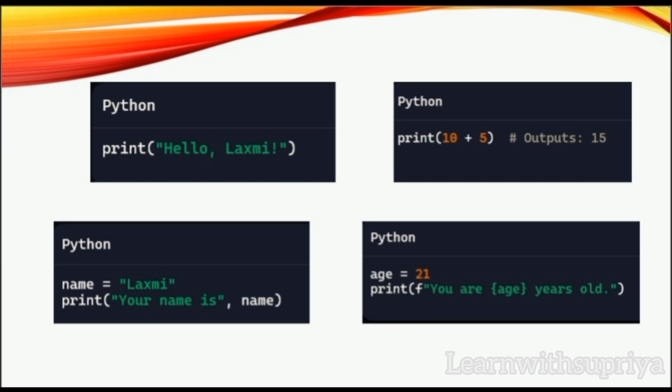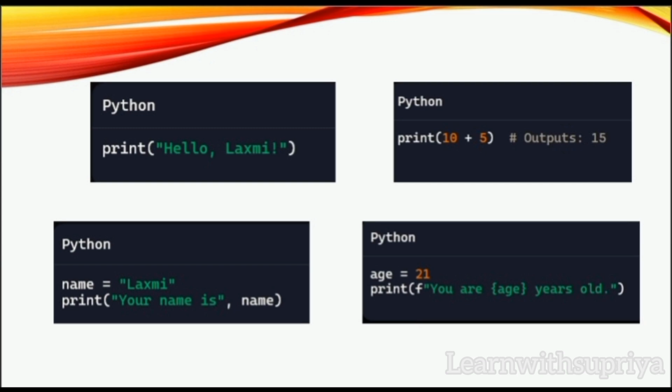If you want to show the result of a calculation, print(10 + 5) will output 15, demonstrating numeric output. Additionally, you can print stored values, like name = "Lakshmi", followed by print("Your name", name), which makes use of variables.